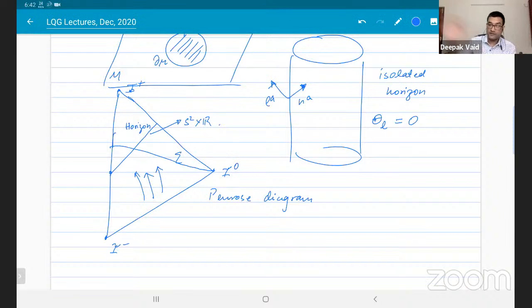This is the infinity in the space-like direction. This horizontal line corresponds to null infinity in the future. This horizontal line corresponds to null infinity in the past. So this is a conformal compactification of your space-time.